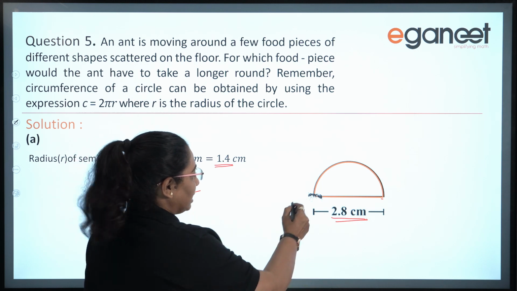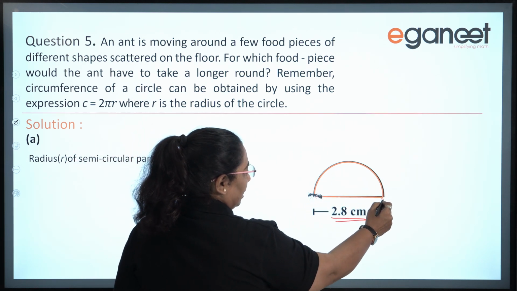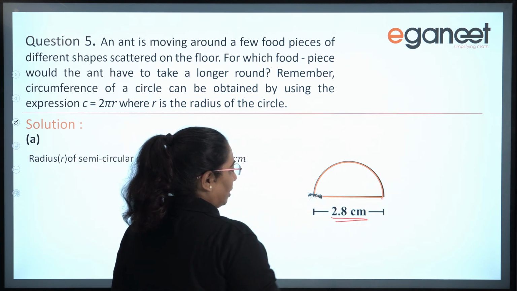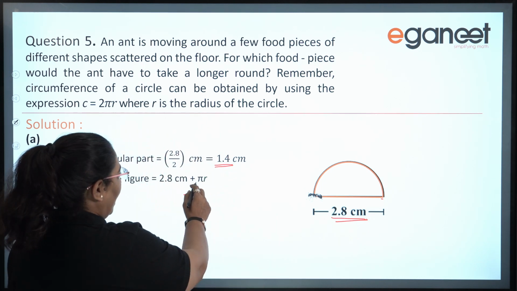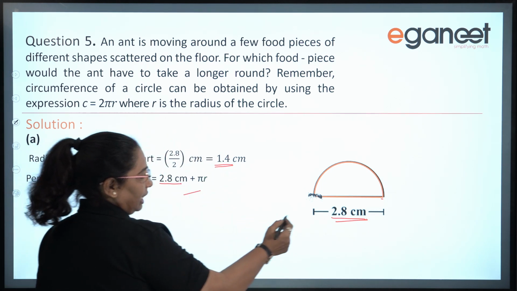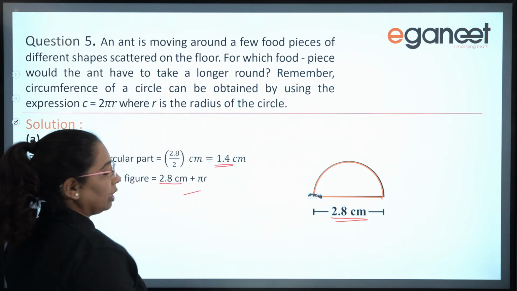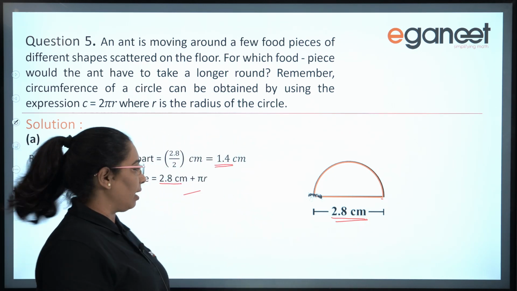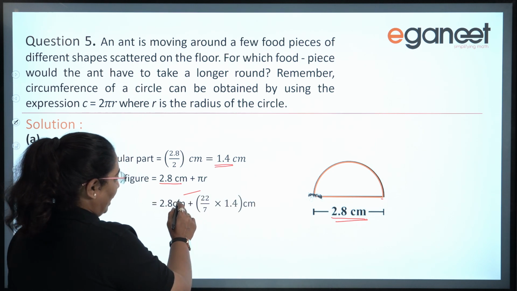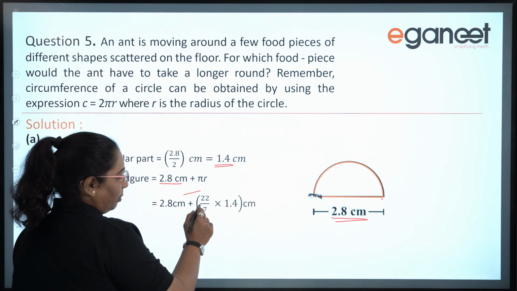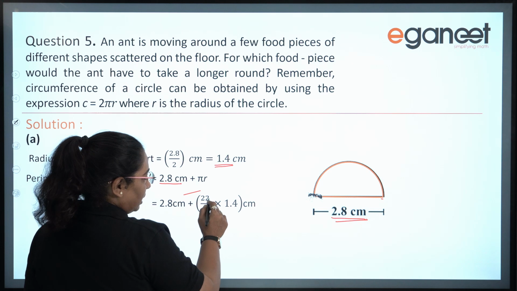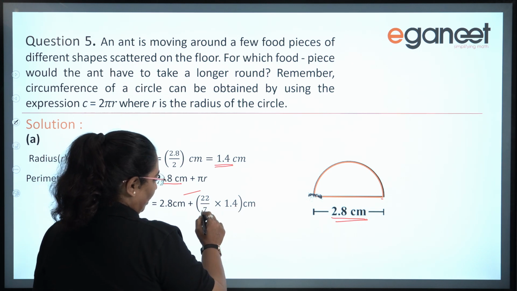The path this ant covers is the circumference of the semicircular region, that is pi r, and this straight line, that is 2.8. Now, substituting the values, this is equal to 2.8 centimeter plus 22 by 7 into 1.4.